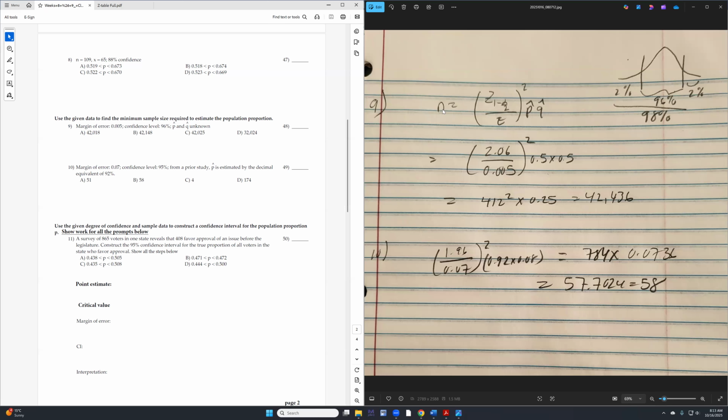So N, which is the sample size, is the square, not square root, of the Z value associated with this 96% confidence interval divided by E, your margin of error, times P-hat times Q-hat, the estimates of the probability of success and failure.